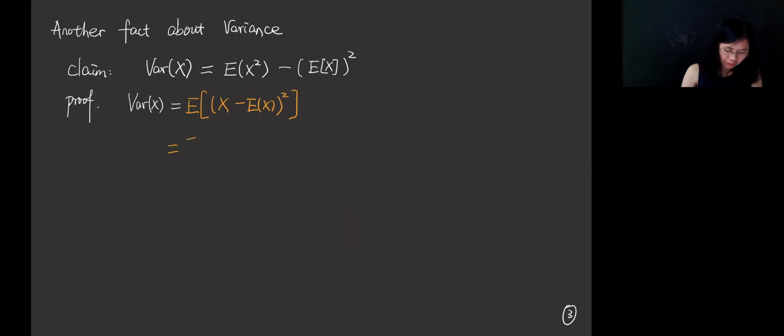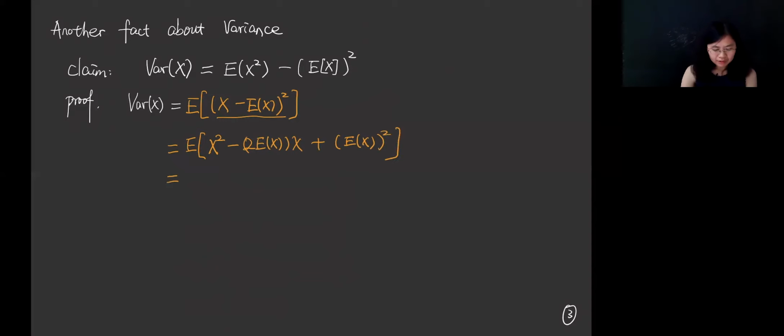And now we expand this square term inside the square bracket. Noting that this is the expectation of three terms, the sum of three terms.